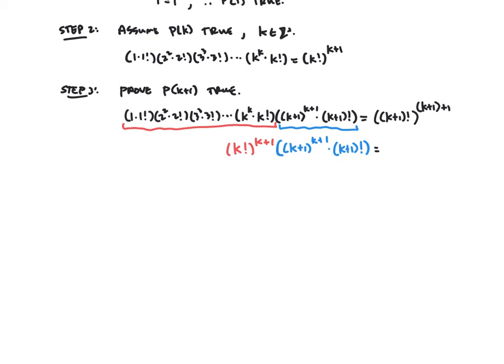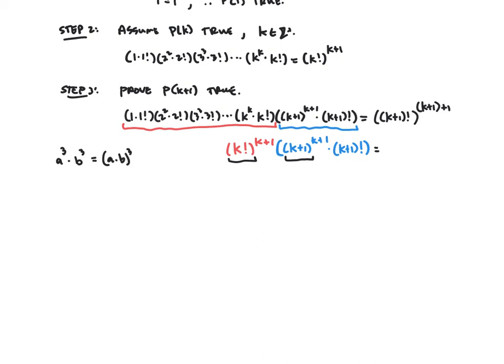So what I first want to do here is take this (k+1) to the (k+1)th power and k factorial to the (k+1)th power. If I had a to the 3rd times b to the 3rd, I could write that as a times b to the 3rd.